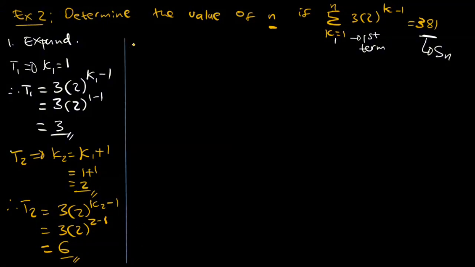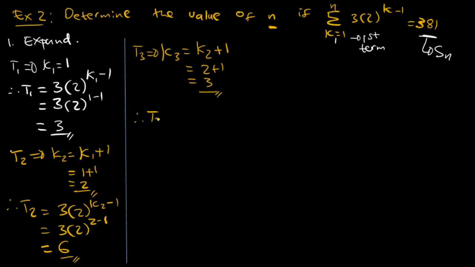Let's continue. T3. What do we know K3 to be? K3 will be K2 plus 1. What was K2? K2 was 2. Therefore, 2 plus 1 is 3.